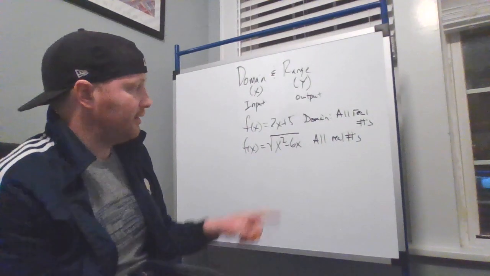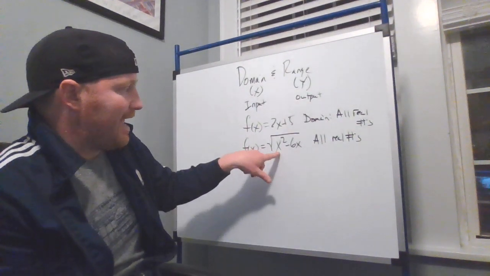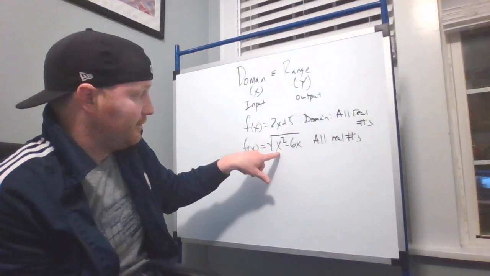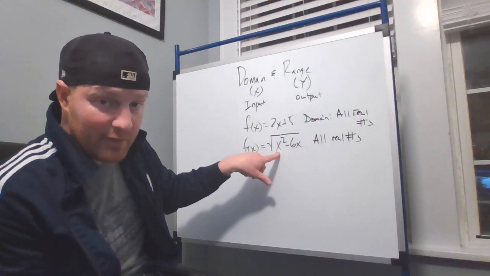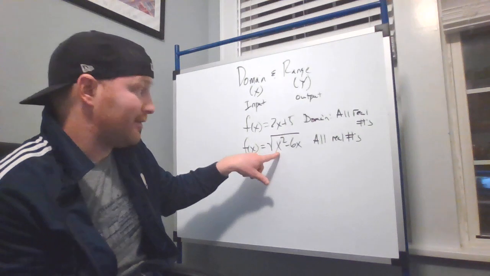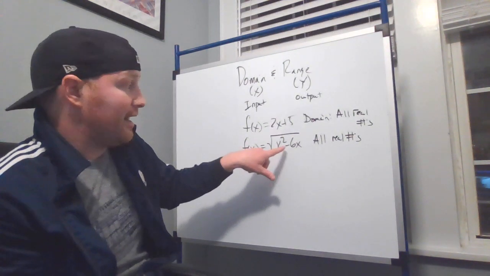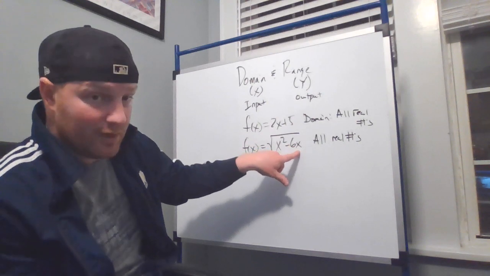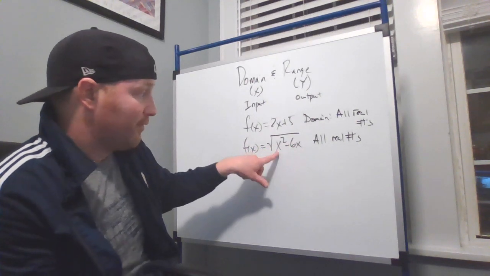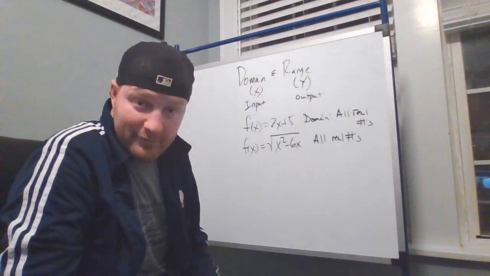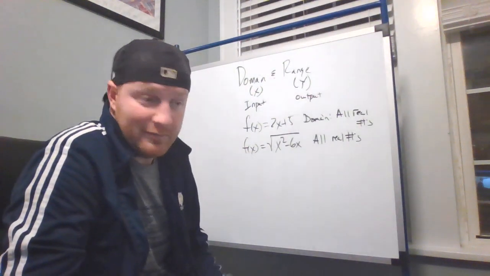Because, think about it, if x is any number, negative or positive right here, right? Anything squared is going to be positive. So 7 squared is 49, right? 49 minus 7 times 6, which is 42. 49 minus 42 is 7. I don't know, I think we still have to answer that, but whatever.